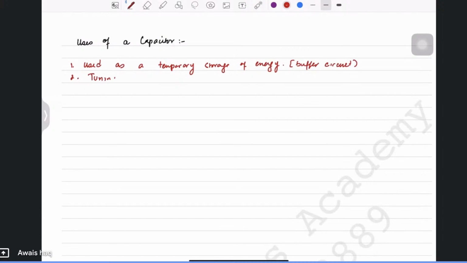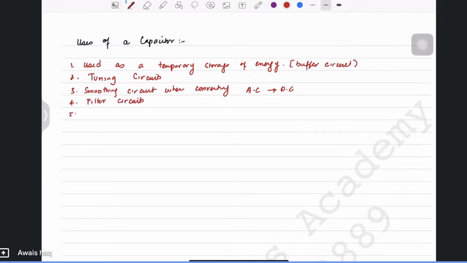These are used in tuning circuits. These are used in smoothing. This is one thing that we're going to learn in detail much later in alternating currents: smoothing circuit when converting alternating current to direct current. Then it is also used in filter circuits.